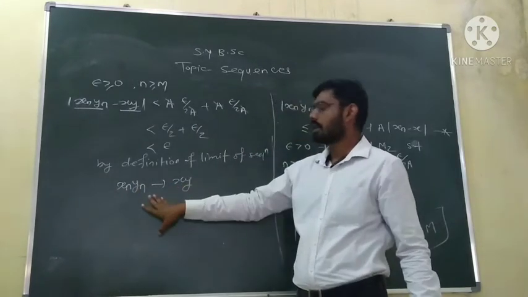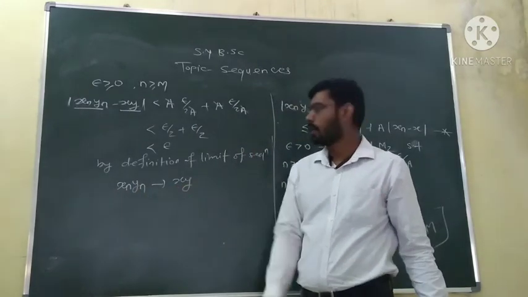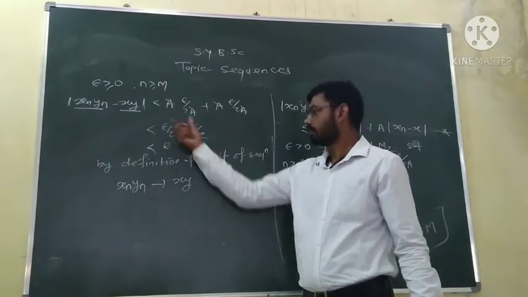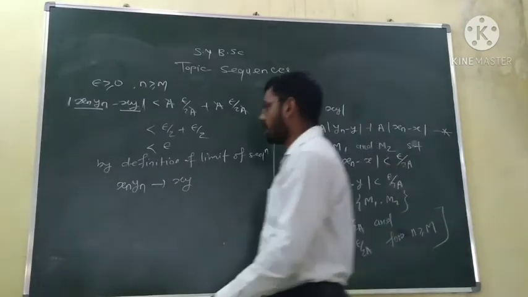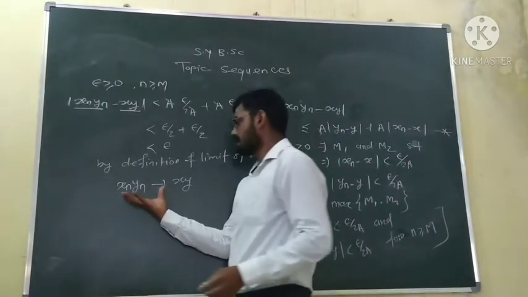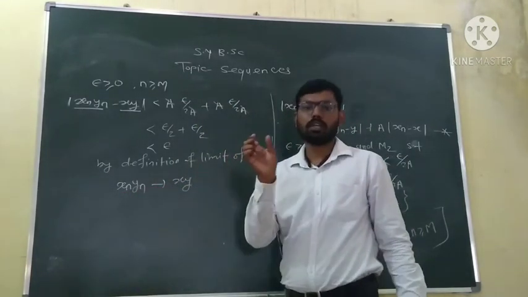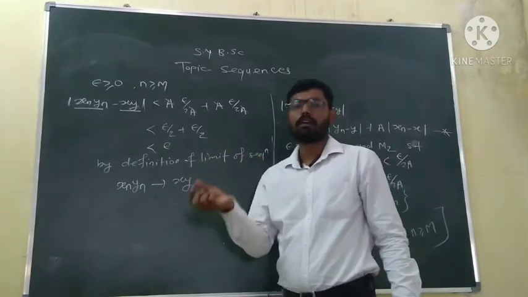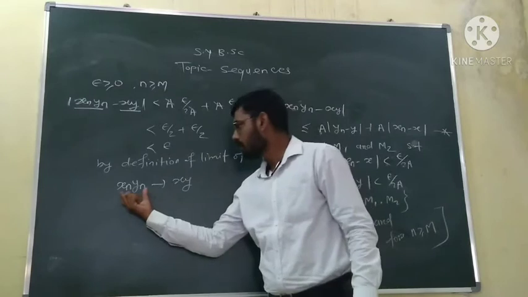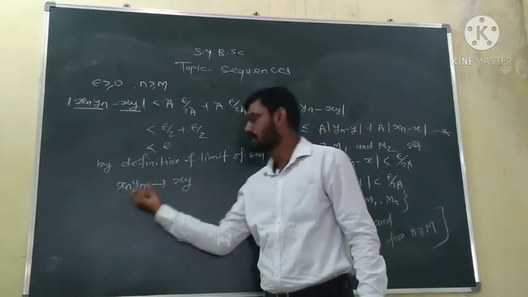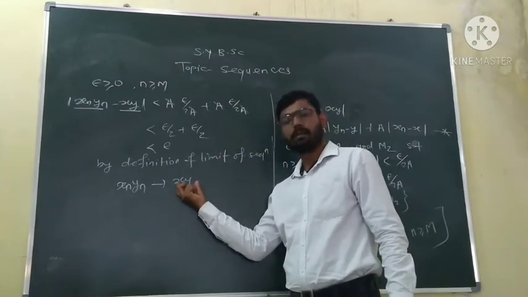Also, there is one more part of this theorem which is also very simple, and we can prove that the sum of two sequences converges to the sum of their limits, the difference of two sequences converges to the difference of their limits, and the product of two sequences converges to the product of their limits.